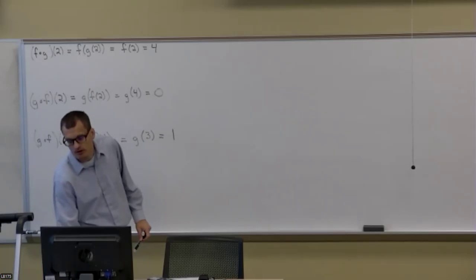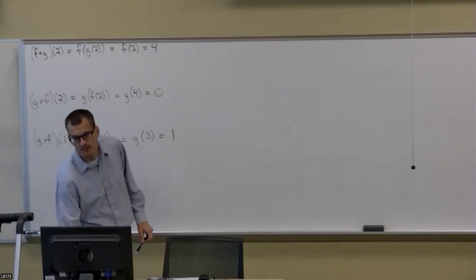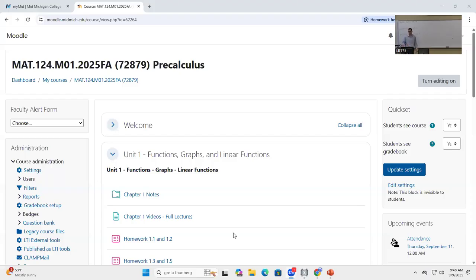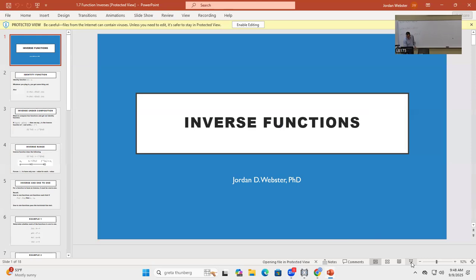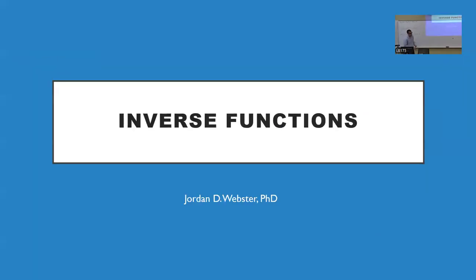You guys heard that term, the identity function? Good. Well, that's what we're going to use in the next section, when we talk about function inverses, and so let's start on that.